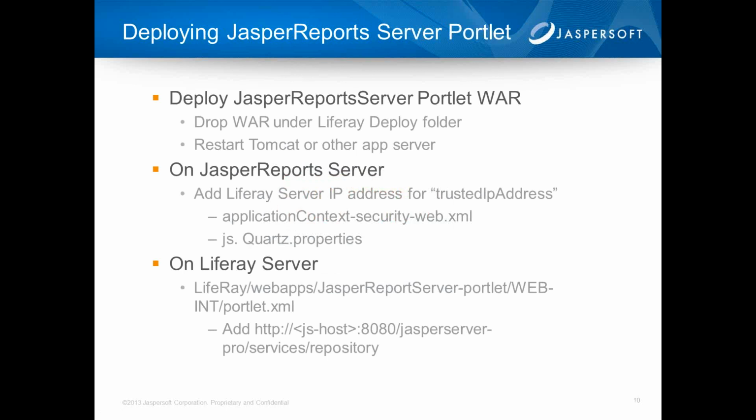The example I'm using today is CAS, which is also a very nice open source single sign-on solution, and many of our customers are actually using it. It's quite popular as well.